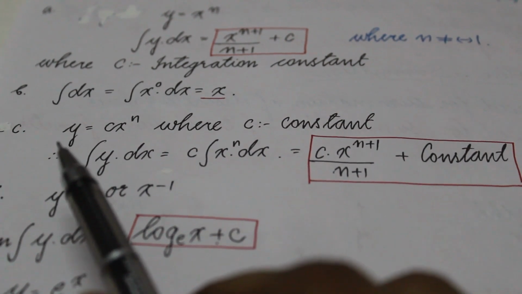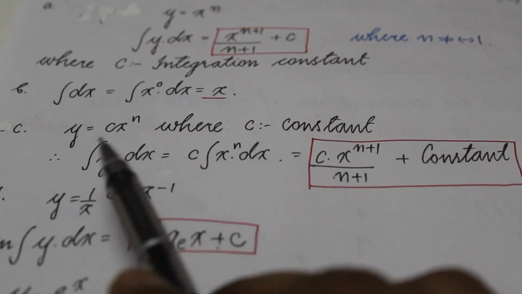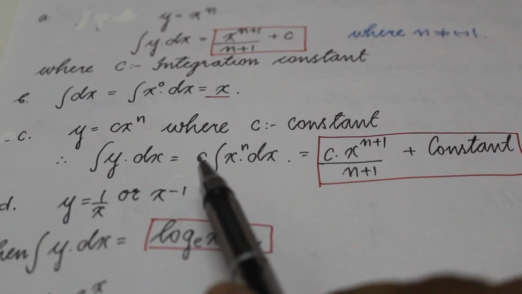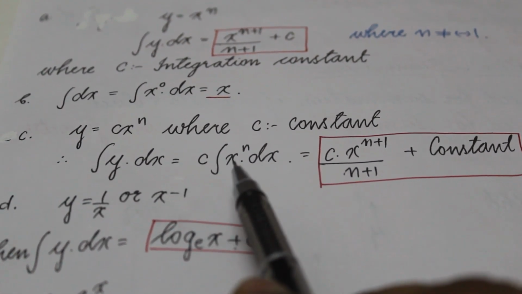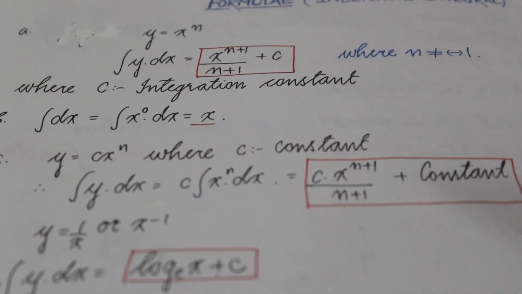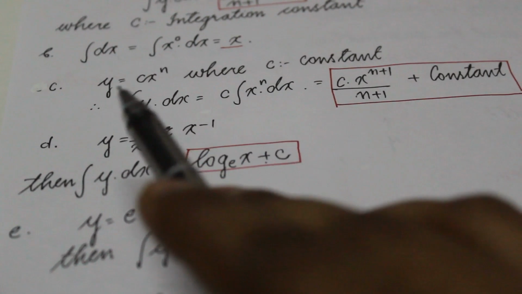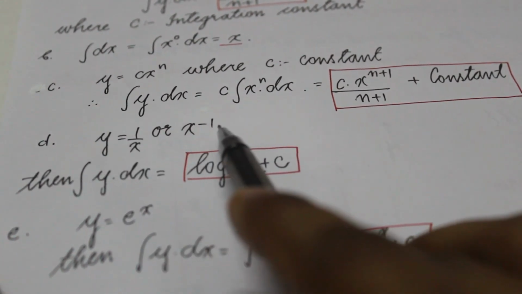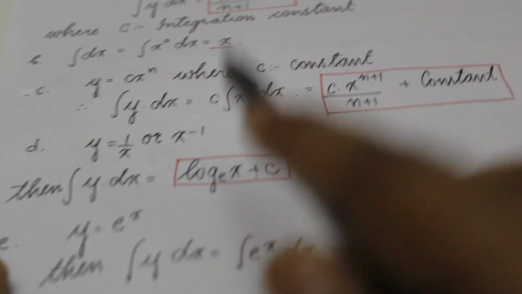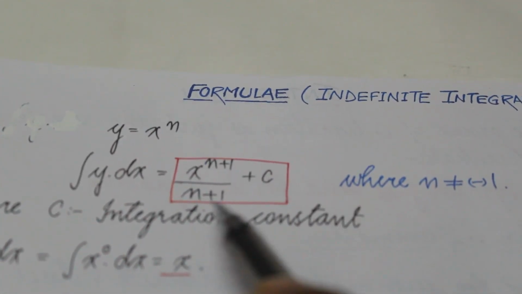Moving on, if y is equal to c x to the power n, where c is a constant, then if we integrate it, we'll take the constant out of the integration and simplify it using the first formula. Moving on, if y is equal to 1 by x, that is x to the power n where n is minus 1, then we can't use this formula.